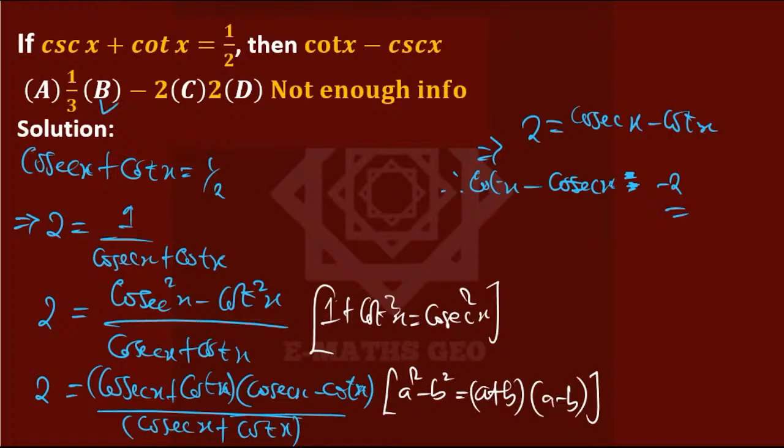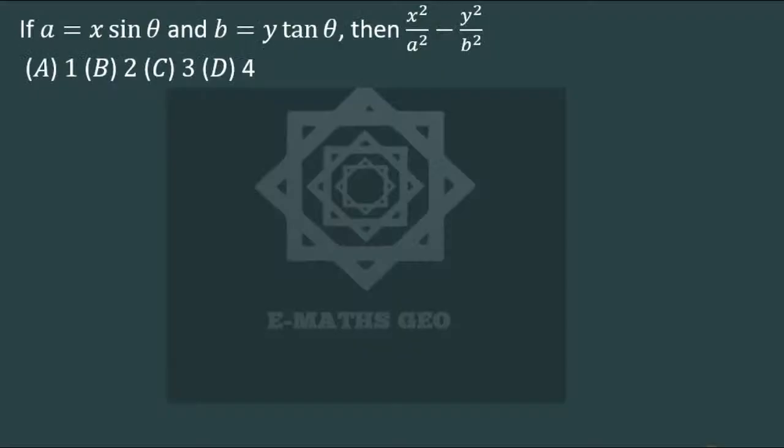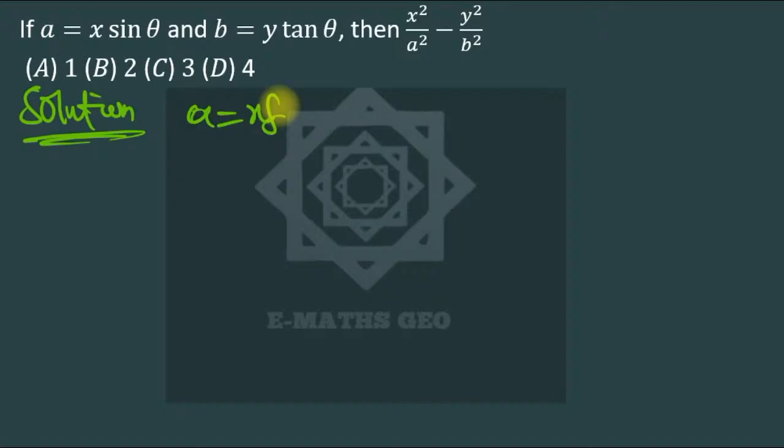Tricky one. If A equals x sine theta and B equals y tan theta, then we have to find x squared over A squared minus y squared over B squared. This is the equation on trigonometry. Okay, we'll start. We are given that A equals x sine theta.